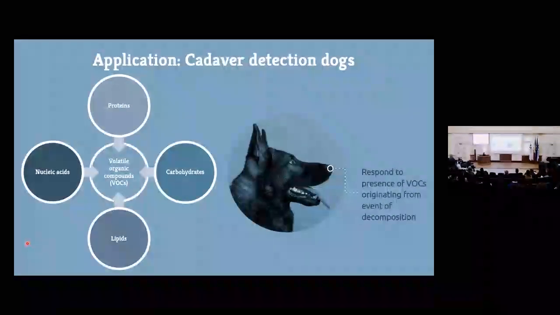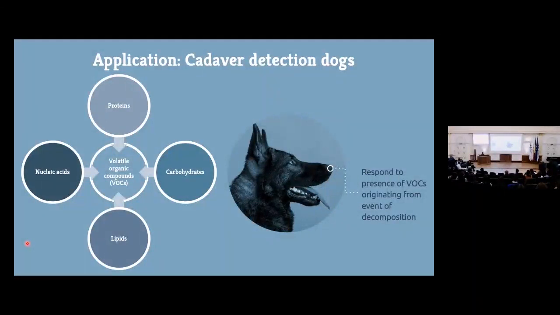The reason we study decomposition order is because of its application to cadaver detection dog training and to understand their capability. Essentially, during decomposition, all of the biomacromolecules such as proteins, lipids, carbohydrates, and nucleic acids break down to simpler forms. And in their simplest form, they can exist as volatile organic compounds.